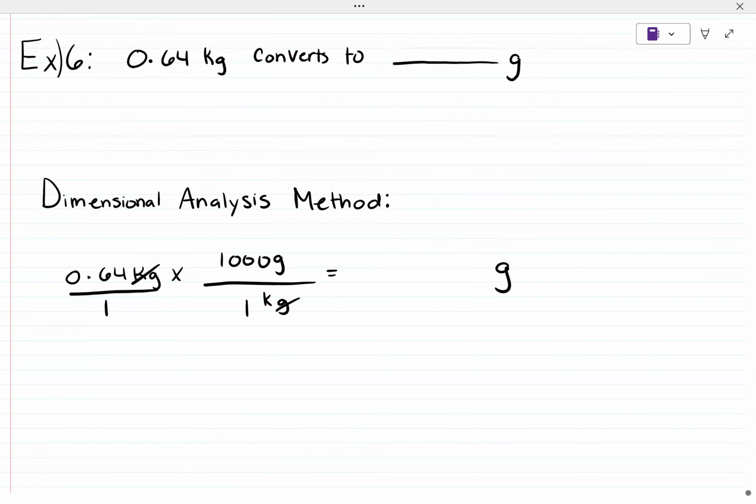So when we're multiplying fractions, multiply across. So 0.64 times 1,000, and then on the bottom, what's 1 times 1? 1. You probably know that you could do this in your head, but I'm just doing every step so you don't get confused. So what's 0.64 times 1,000?